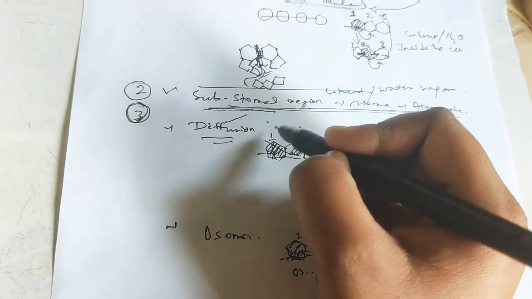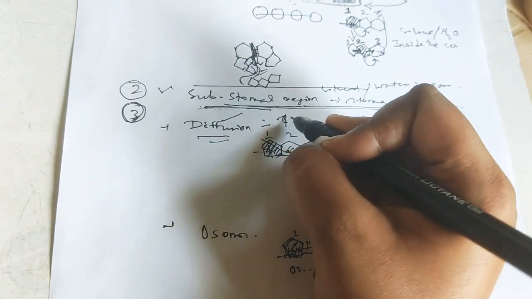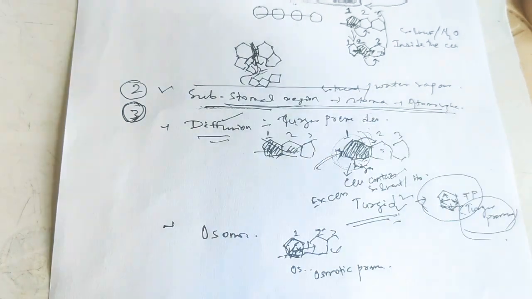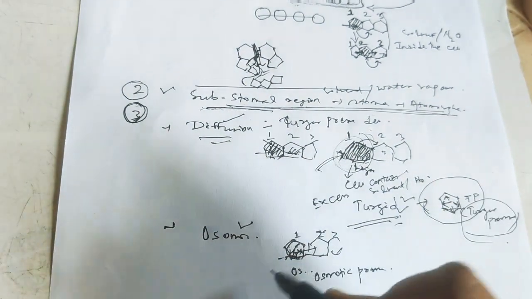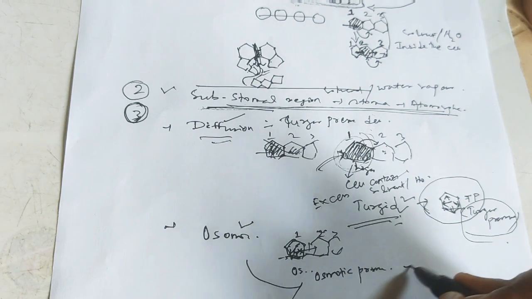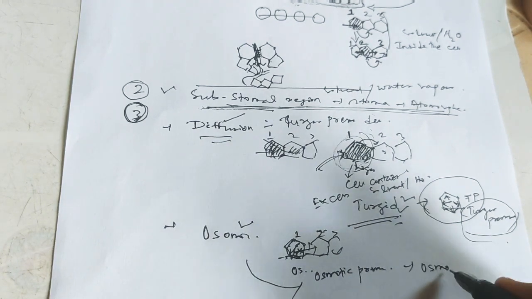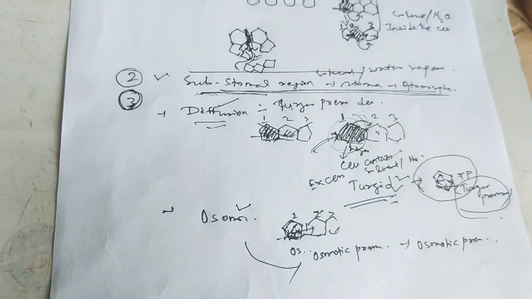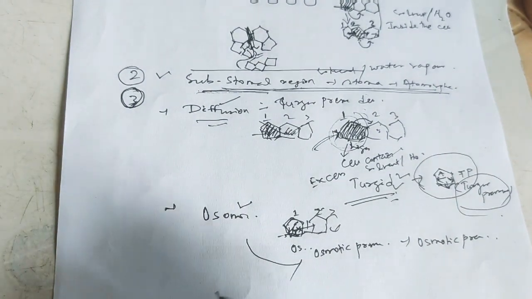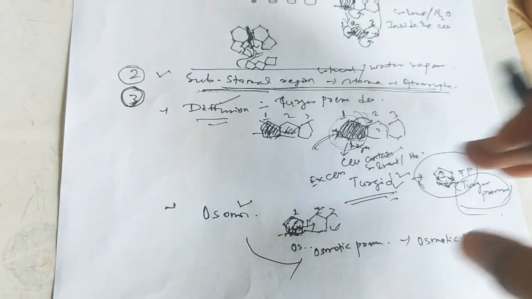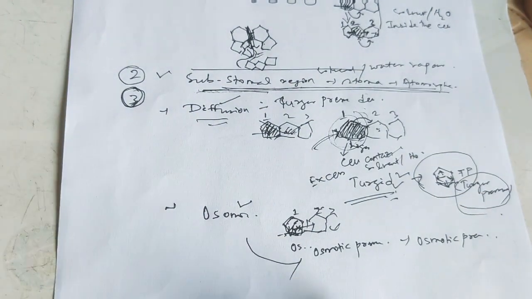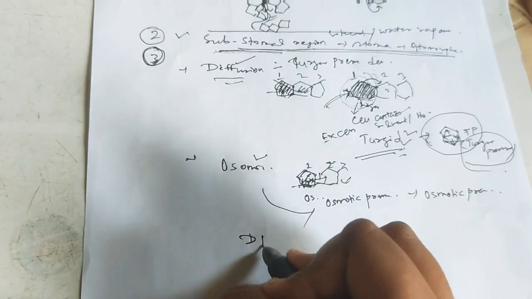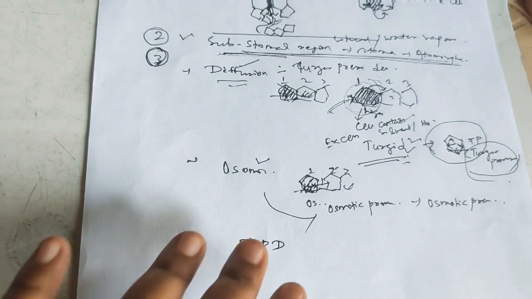That means in diffusion, turgor pressure develops, and when osmosis occurs, osmotic pressure develops. Besides these pressures, one extra pressure is also produced by the cell, that is DPD, diffusion pressure deficit.